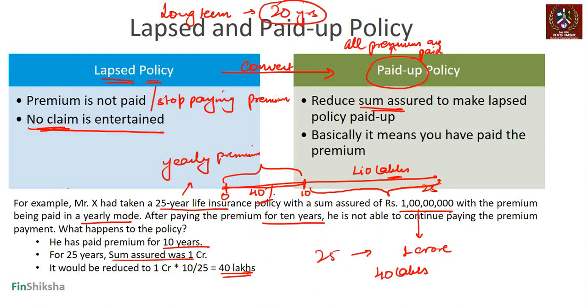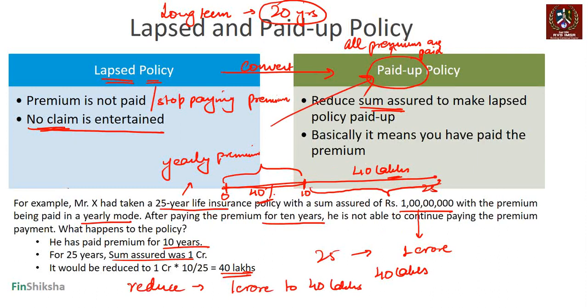You will have to agree to reduce the insurance cover from 1 crore to 40 lakhs. If you do that, the policy will be considered paid up because you've paid premiums for 40% of the time. So you can avail a 40% cover.